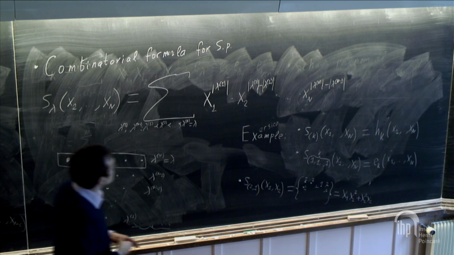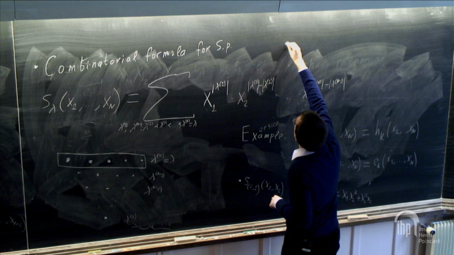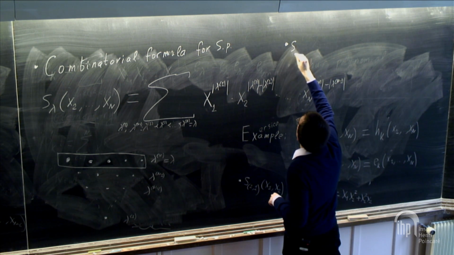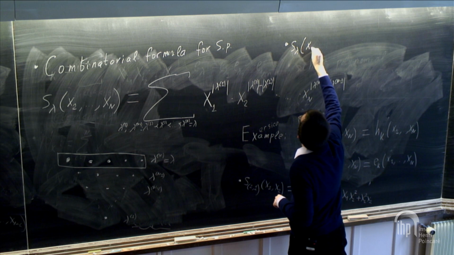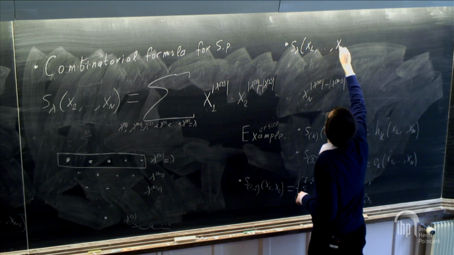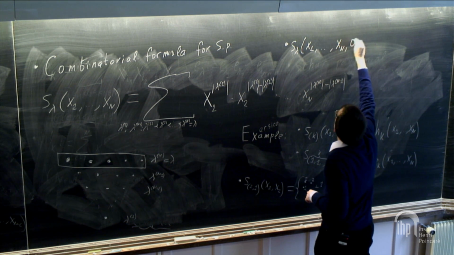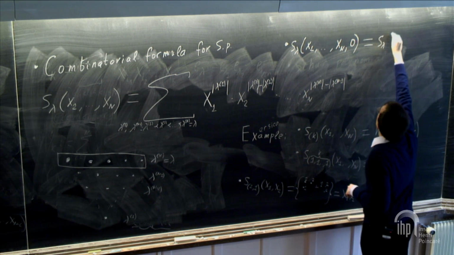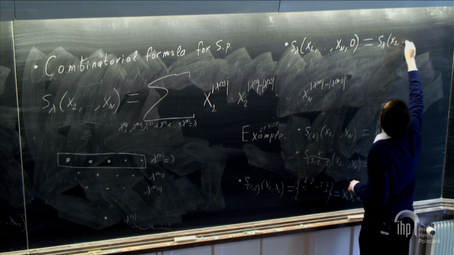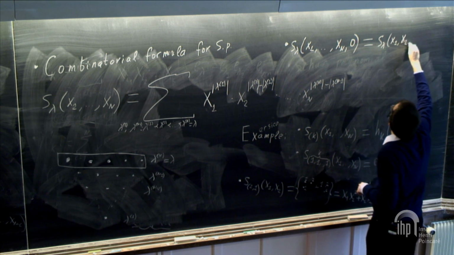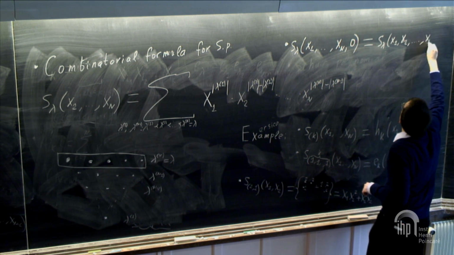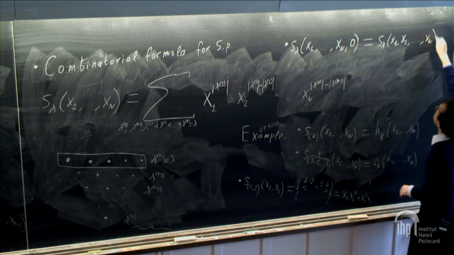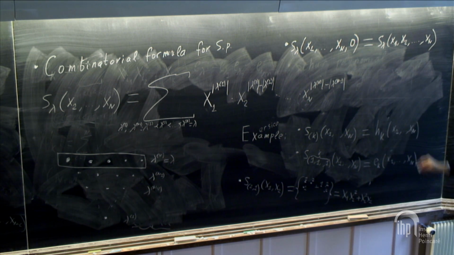Also, I probably want to state somewhere here that from the combinatorial formula we have the stability property: S lambda (x1, ..., xn, 0) is equal to S lambda (x1, ..., xn).